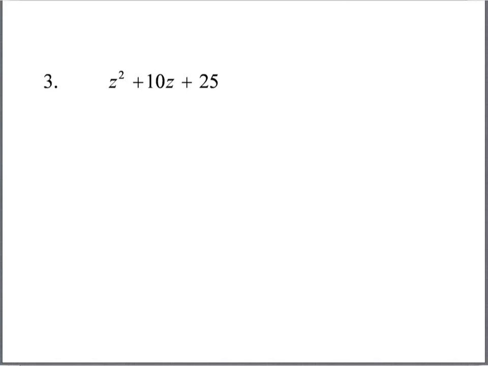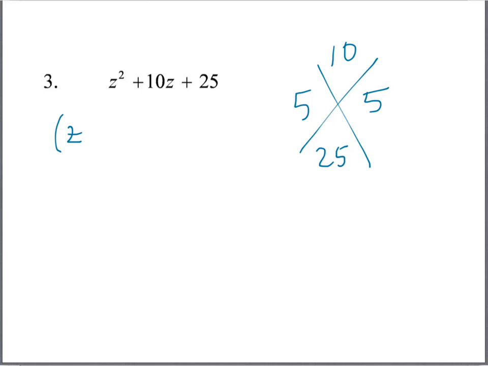For number 3, let's try the x factor again. Let's put 10 up here and 25 here. At this point in the video, you might want to pause it and see if you can do these on your own. So we're looking for two numbers that add to 10 and multiply to 25. That would be 5 and 5. So here we have z, and let's write z in the other one.